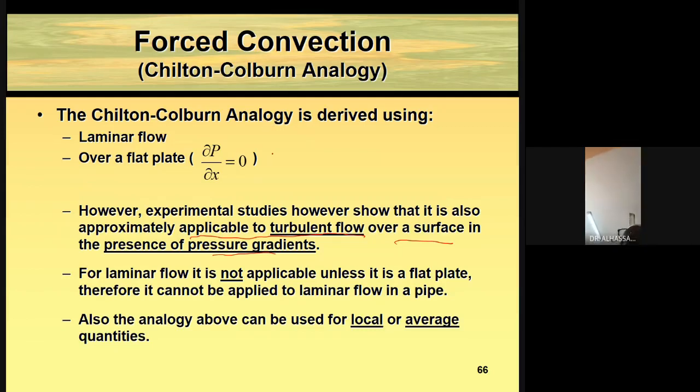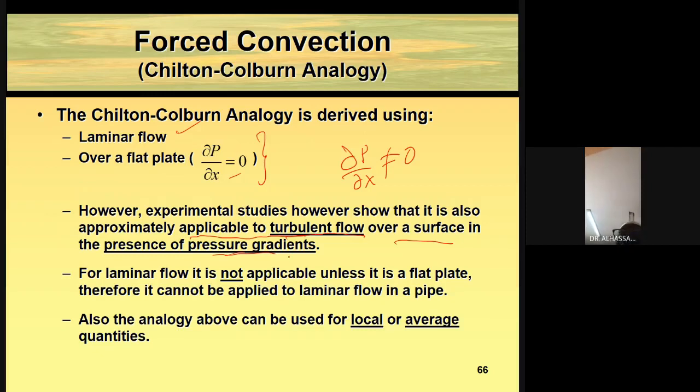The Chilton-Colburn analogy normally is applicable to laminar flow where there is no pressure gradient. But experimental studies have also proved that this analogy can be applicable to turbulent flow conditions and with a pressure gradient. Pressure gradient means we have dP/dx not being equal to 0.